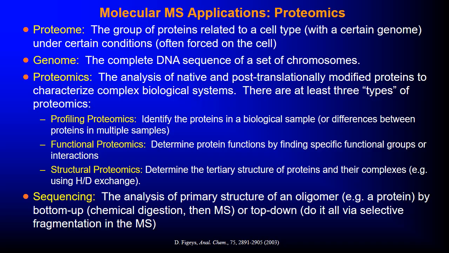Then we have sequencing, the analysis of the primary structure of an oligomer, by bottom up, which can use processes like chemical digestion followed by mass spectrometry, or top down, which does it all via selective fragmentation in the mass spectrometer.